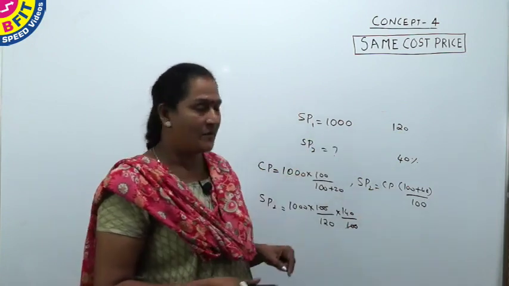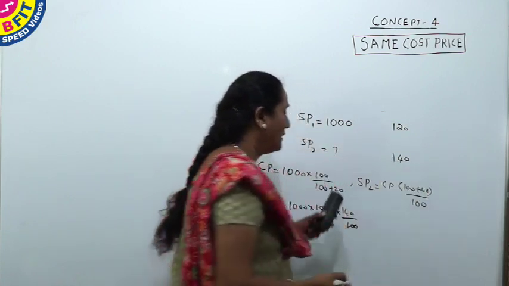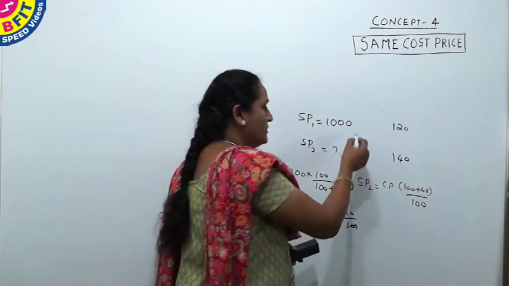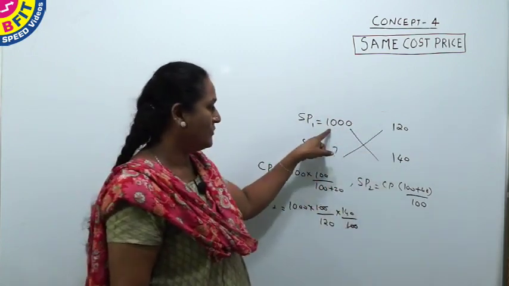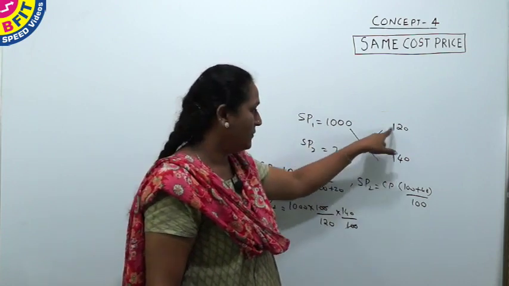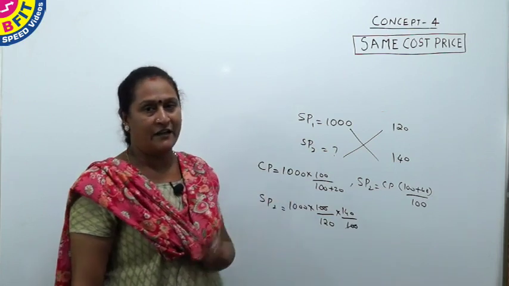The next profit percent is 40, so you add this to 100, and now to find the selling price you just cross multiply. The cross products will be the same. So 1000 into 140 divided by 120. That is what we finally arrived at after finding the cost price.